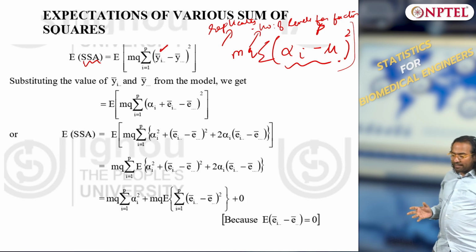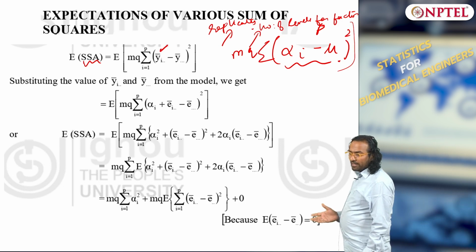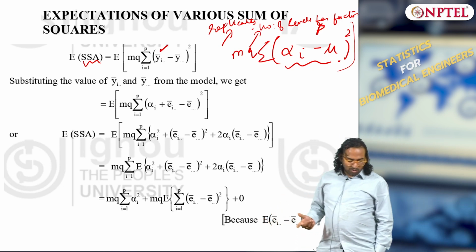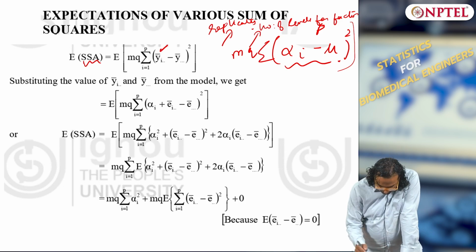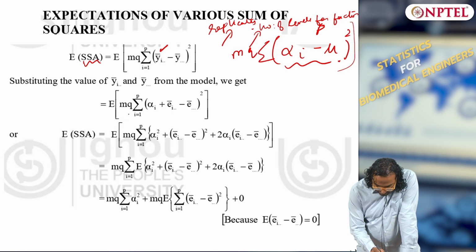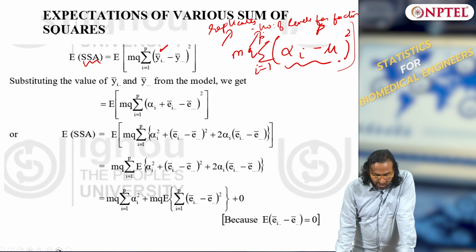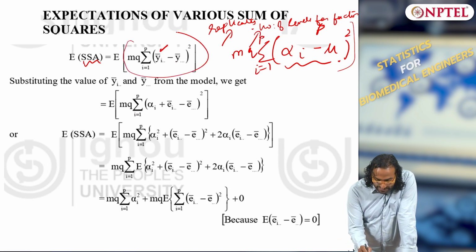Now I am taking an expectation of sum squared A, okay. For what is the sum? For all the levels up to P levels, okay. So you understand this equation, how did I get this?